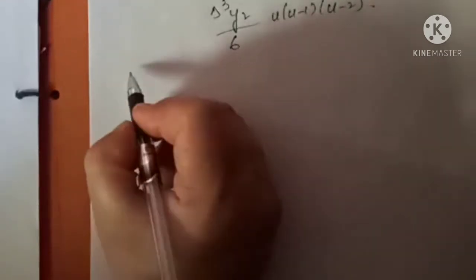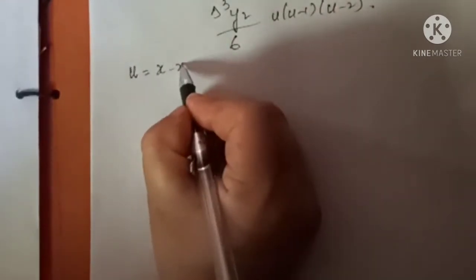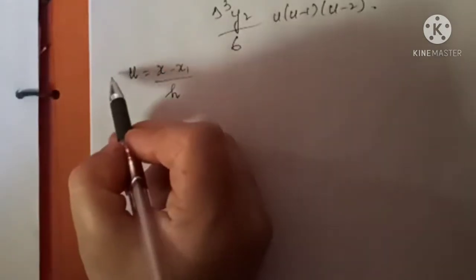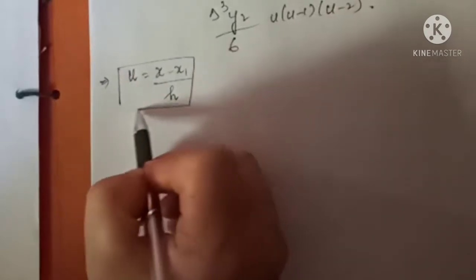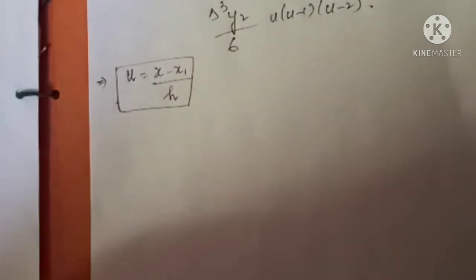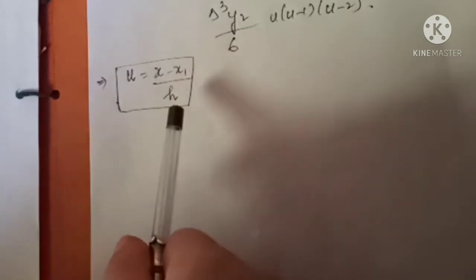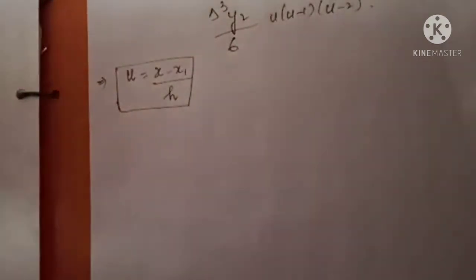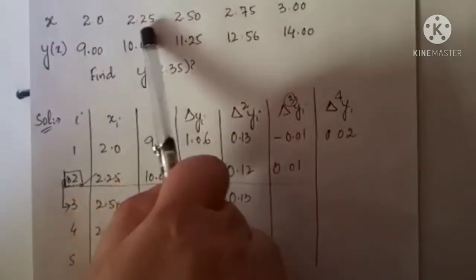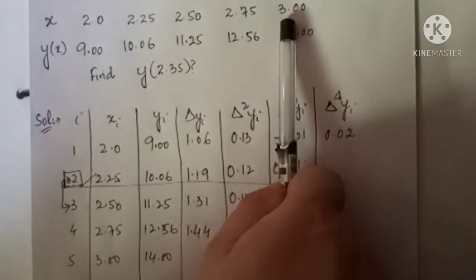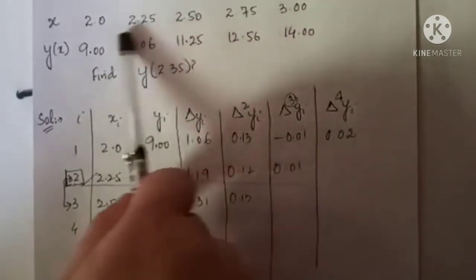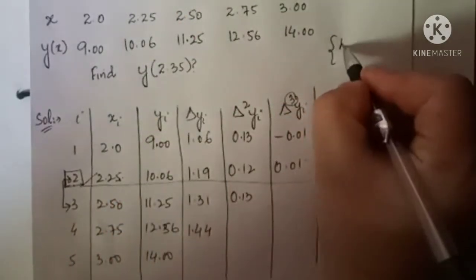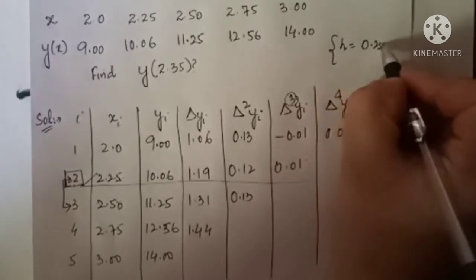We know that this u is basically equal to x minus x1 divided by h, isn't it? If you remember from the formula, when we used the relations, u is equal to x minus x1 divided by h. What is h? h is basically the interval size. We know we can solve Newton's forward difference only when we have equally spaced data points, and in this case we have equally spaced data points and the difference is 0.25. So that means our h, the interval size, is 0.25.